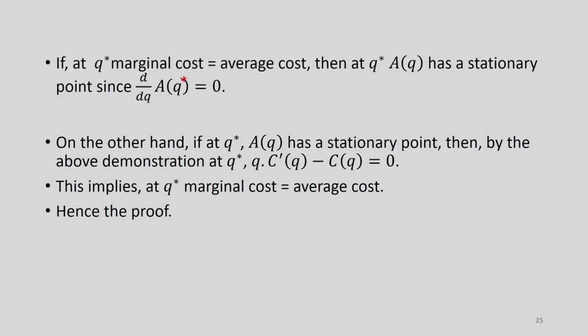On the other hand, if at Q star A(Q) has a stationary point, then by the above demonstration, the first derivative of the average cost is equal to 0, and that means marginal cost is equal to average cost. Hence the proof. So, it is basically an if and only if statement, right. If you have a stationary point, then marginal cost is equal to average cost. On the other hand, if marginal cost is equal to average cost, then you have a stationary point of the average cost function.